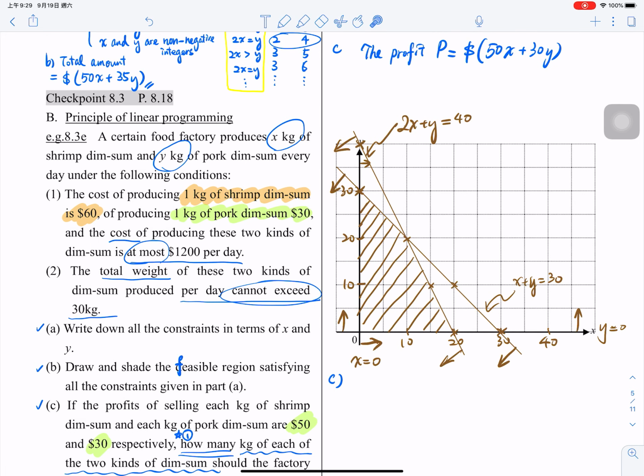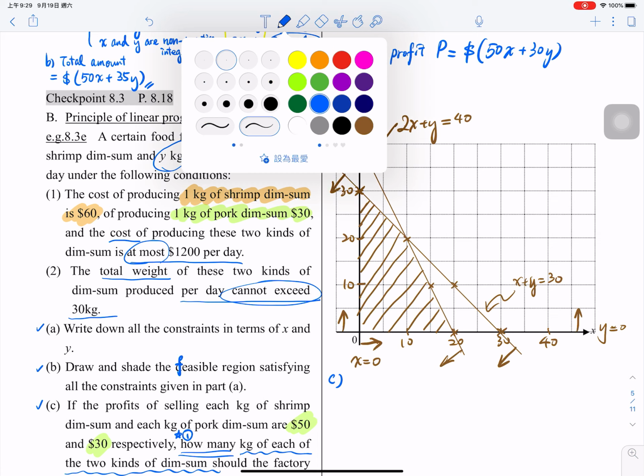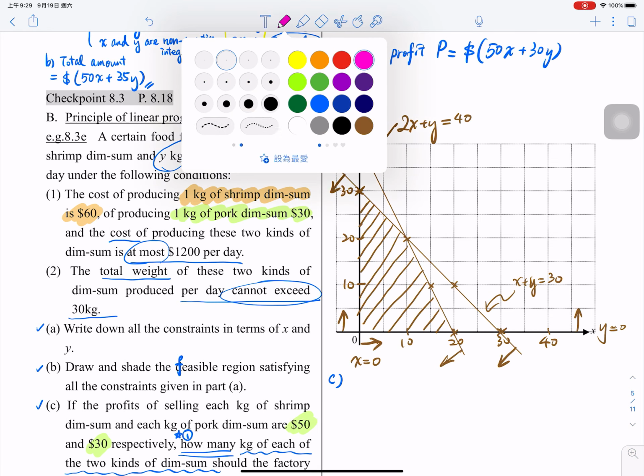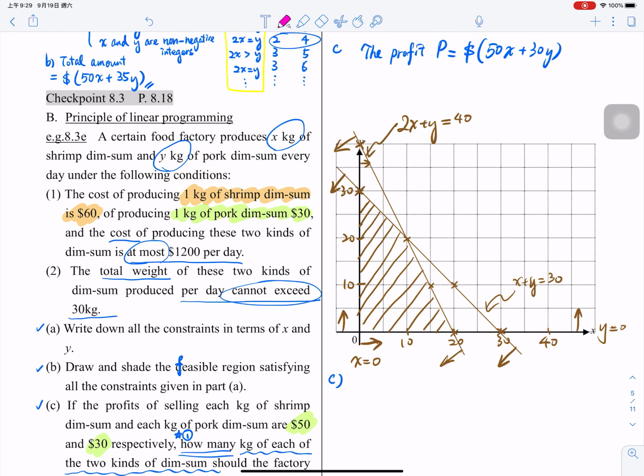Okay, so what should you draw now here? I use another color to help you make it clear about the profit. And this time use the dotted line. Here we have to draw a straight line like this.